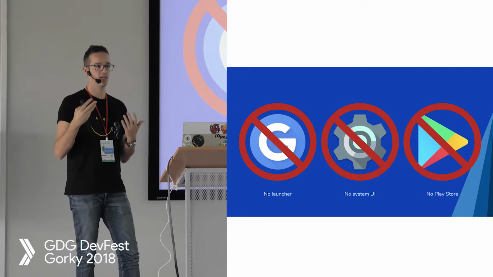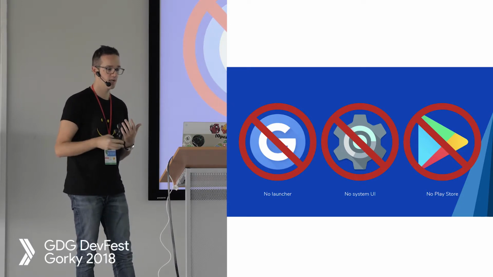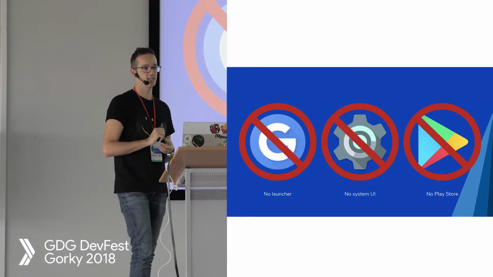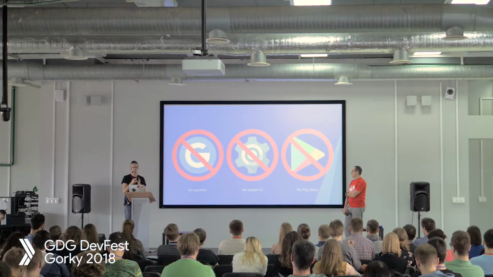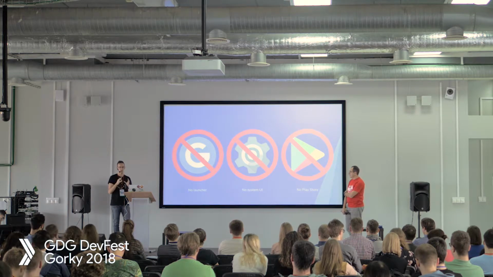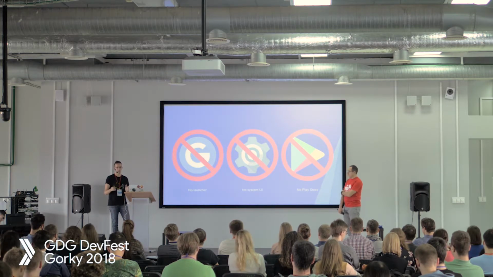When you're thinking about developing an Android Things app, you have to think that this device is going to be shipped with only your app. So it means that you're basically building not only an app, but a combination, a bundle of device and app, which the user is not going to be able to change.